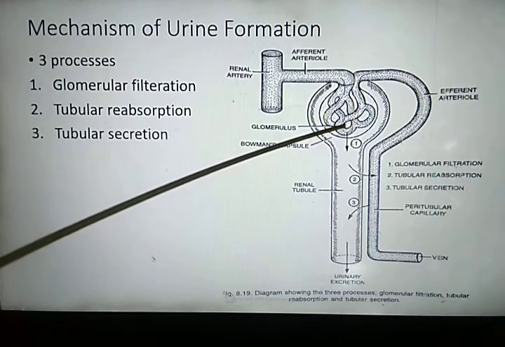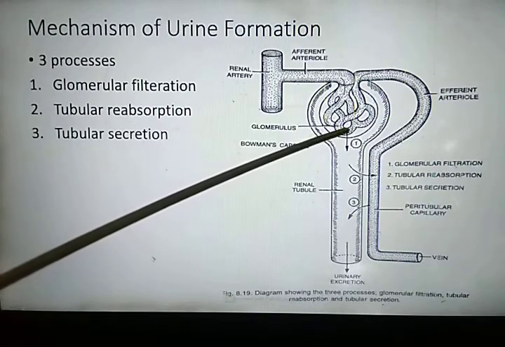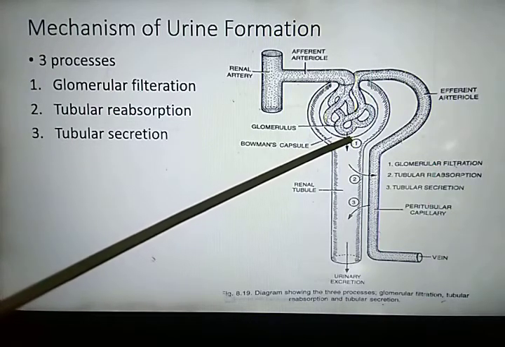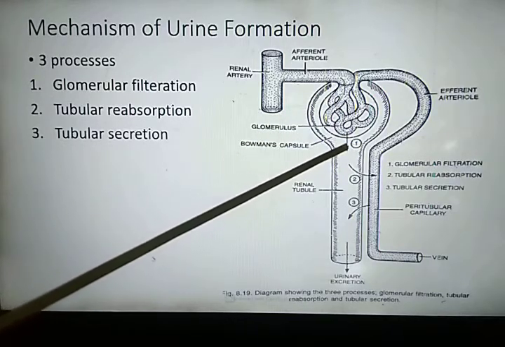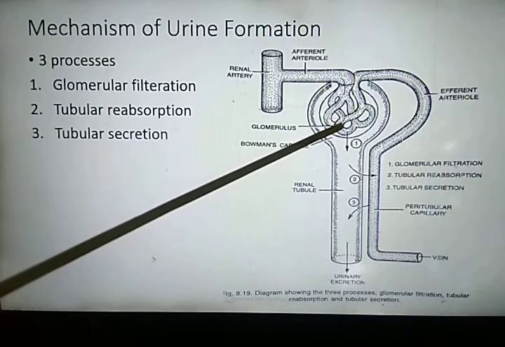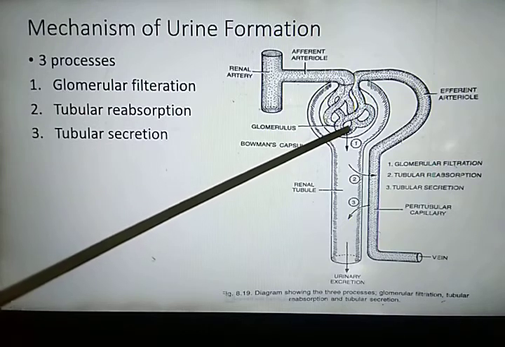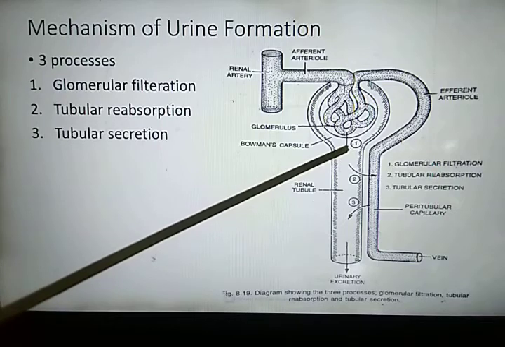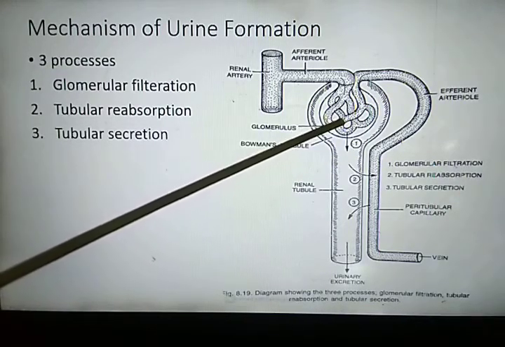I already explained to you, through pores called fenestrae of the glomerular capillary membrane, the basement membrane, and slit pores present in the visceral membrane of Bowman capsule into the lumen of the Bowman capsule. So the filtrate, or the fluid which contains water and small molecules, passes from the glomerular capillaries into the lumen of the Bowman capsule due to high pressure inside the glomerular capillaries.